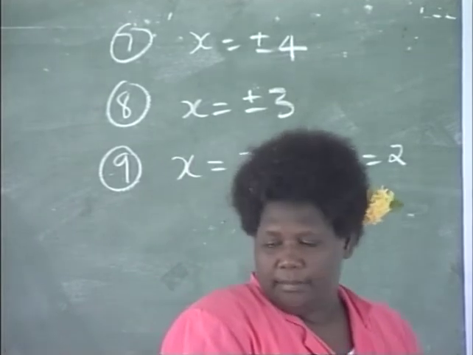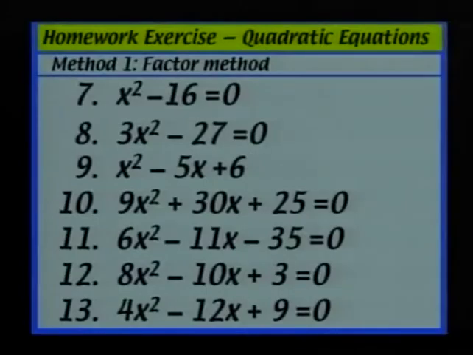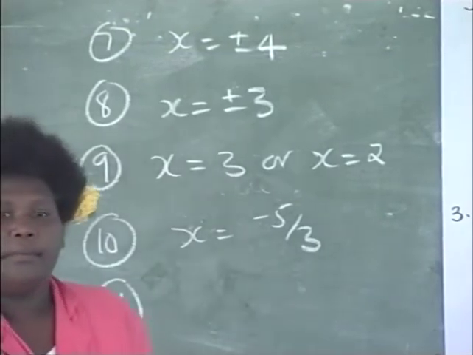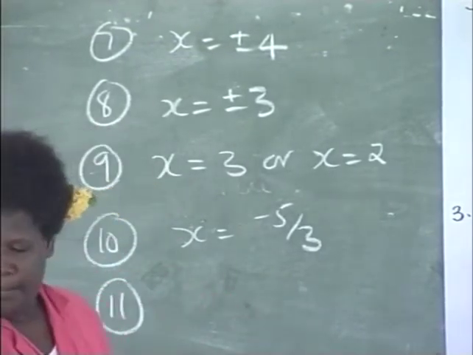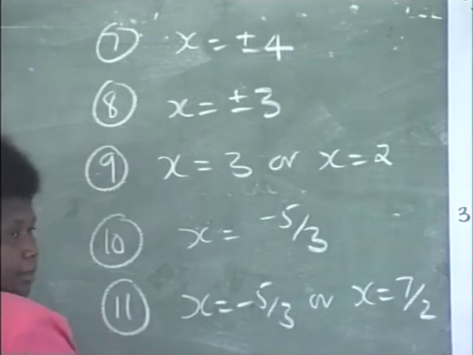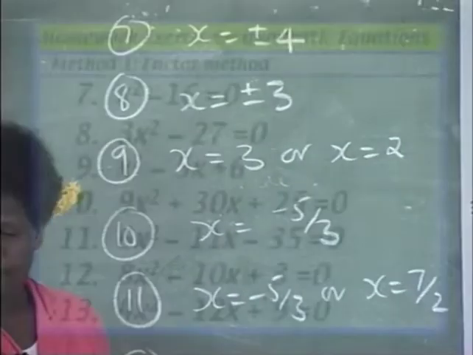Okay, number 10, Gabriel. X equals -5/3. Okay, -5 on 3. 11, Ponrele. X is equal to -5/3 or X is equal to 7/2. 13, Agnes.